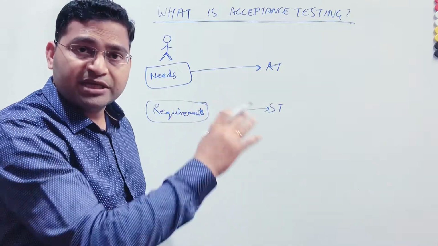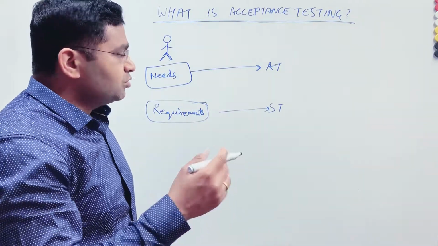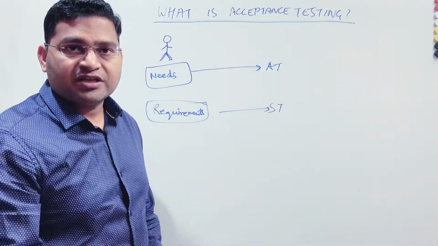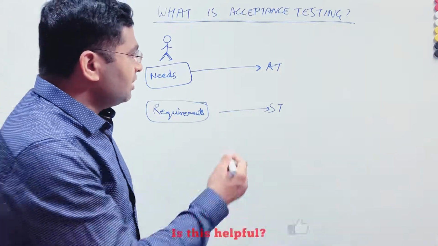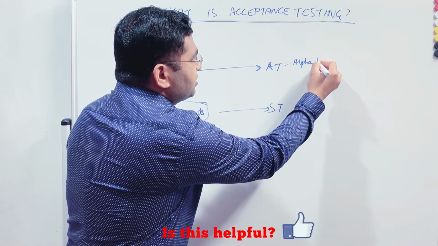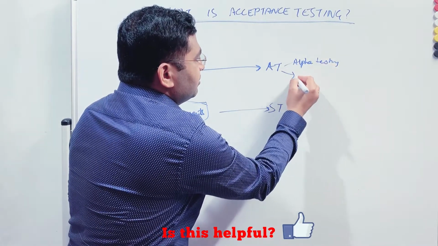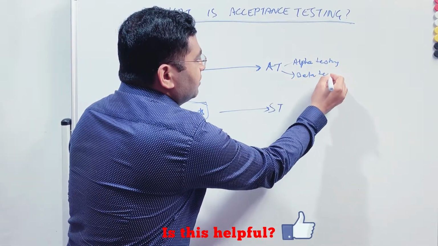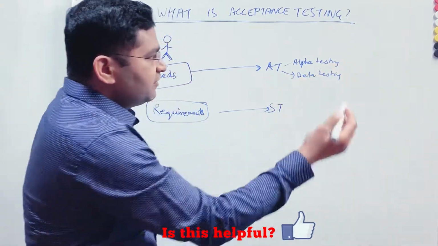Now there are many forms of acceptance testing. You would have heard about alpha testing and beta testing. Alpha testing is one of the acceptance testing types. What is the difference between alpha testing and beta testing?